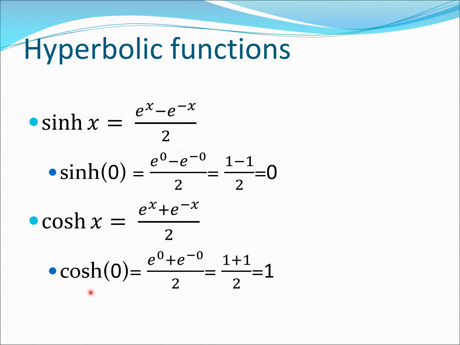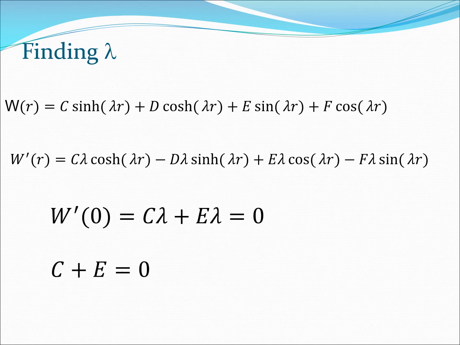Now if I put cosh 0, I get the fact that cosh 0 equals 1. So these are the hyperbolic functions. If I wanted to calculate tanh x, I can simply divide these two equations here.